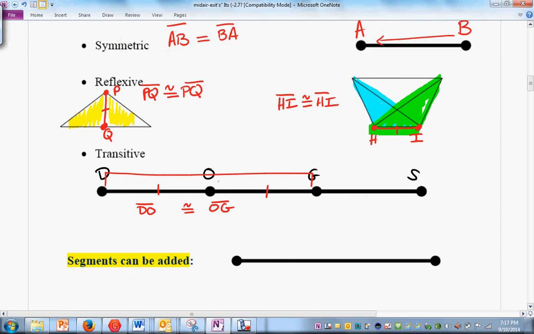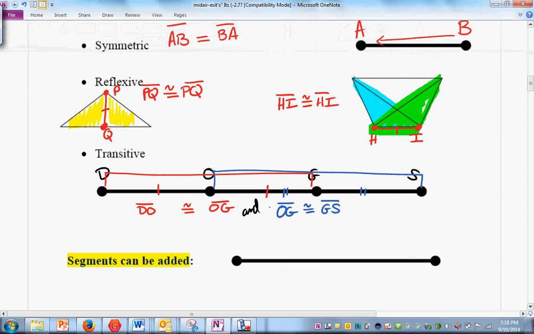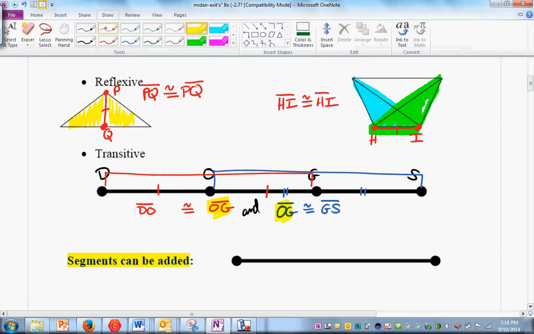And let's say I also knew that OG was congruent to GS. In this case, you can see we overlap at the segment OG.